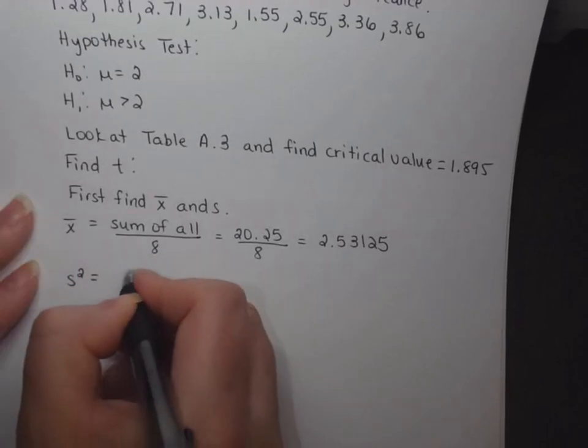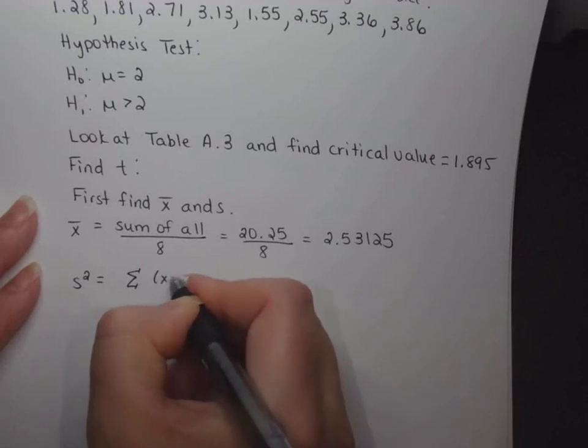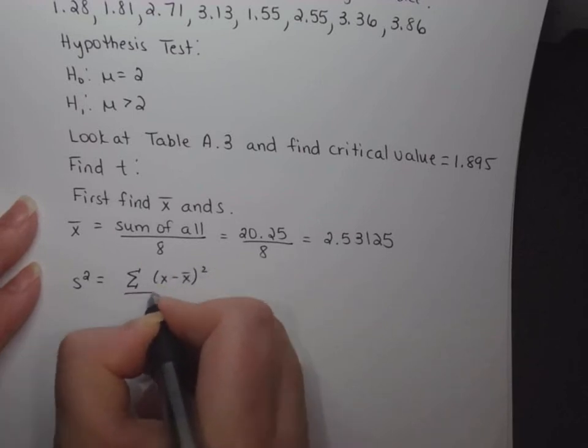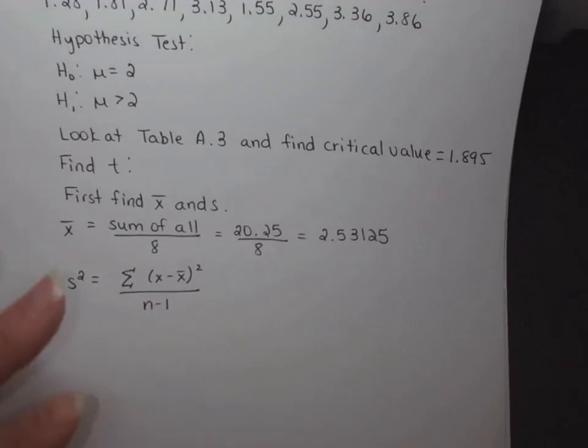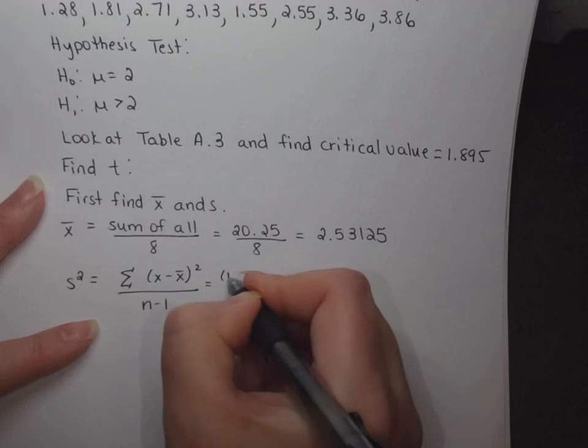Okay, the formula for variance, remember, is the sum of all the values minus their average, squared, and then divide that whole thing by n minus 1. I know it's been a minute, but it hasn't been that long. So here it is.